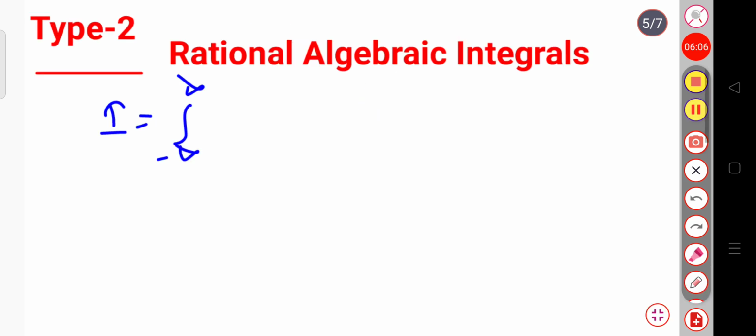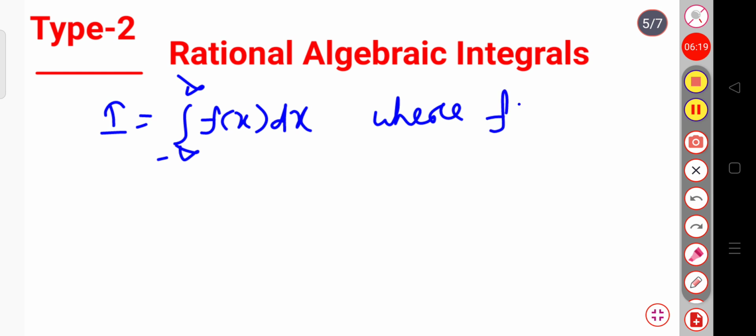It means that suppose our integration I is equal to the integration from minus infinity to plus infinity of f of x dx. Suppose we want to calculate this integration where this f of x is in the form of p of x divided by q of x.